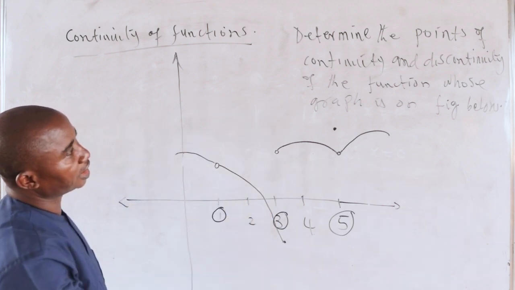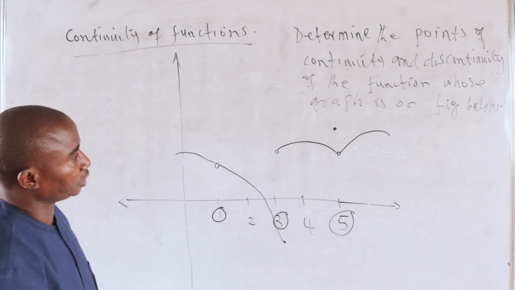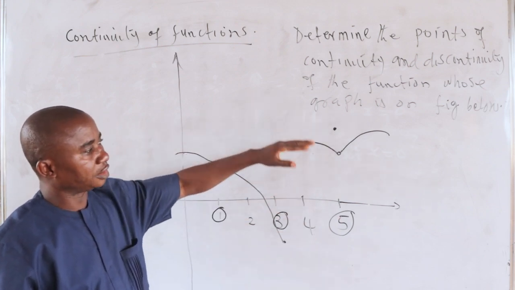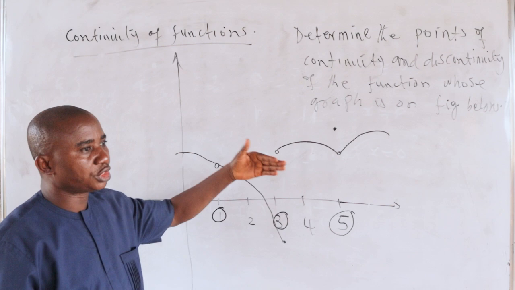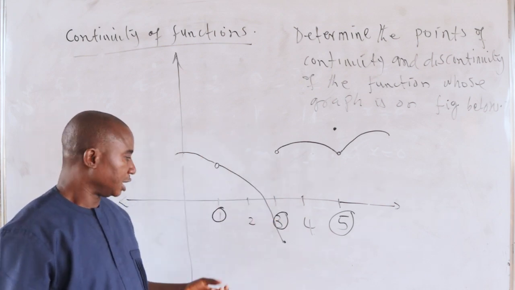So with this now, I think we have enough information about continuity of a function just by applying the 3 conditions listed and using those conditions to check continuity or otherwise.